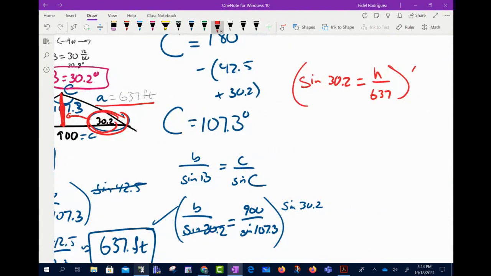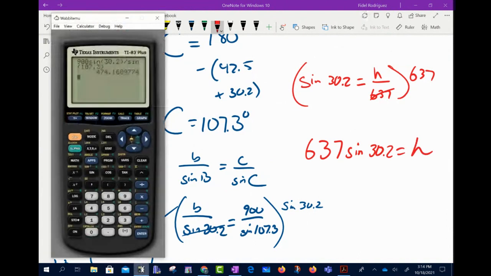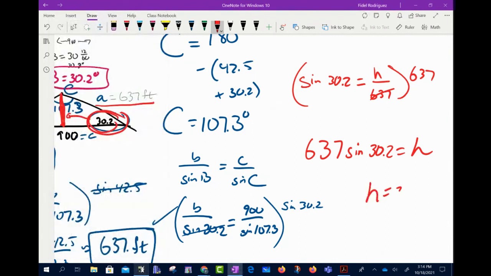So we can multiply both sides by 637 to cancel that. So I would have 637 times the sine of 30.2 is equal to h. And then again, I would just grab my calculator and say 637 times the sine of 30.2. And I'm coming up with, still rounding to the nearest foot, 320 feet. Right? And we found our height.